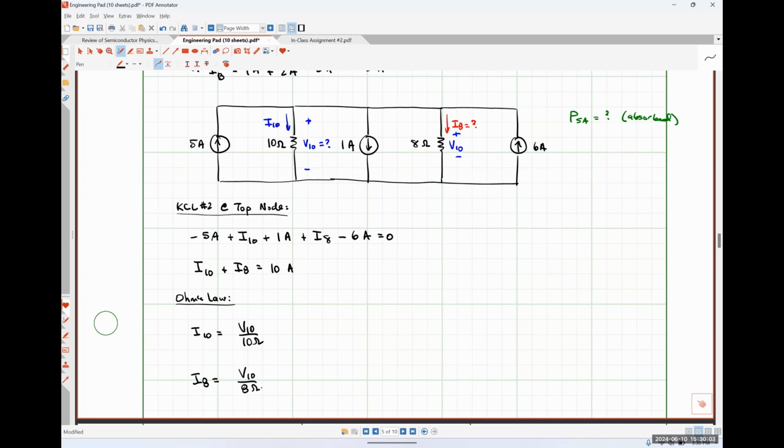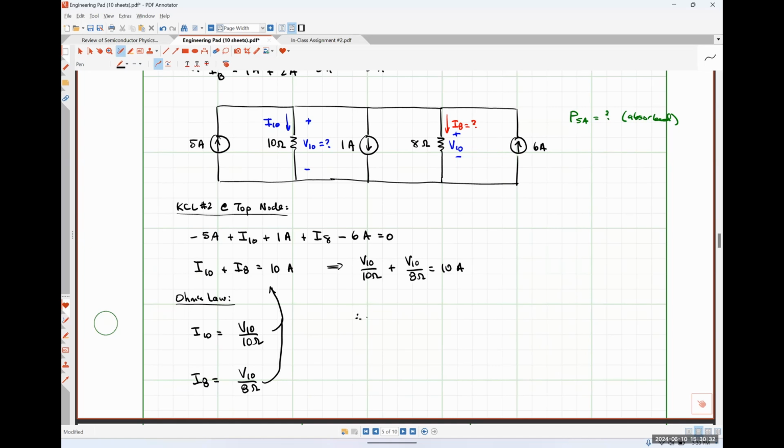And it should get a positive sign because the current I8 is flowing into the positive polarity terminal. So now we'll substitute both of these relationships into our KCL equation. So that's going to give us V10 over 10 ohms plus V10 over 8 ohms is equal to 10 amps.